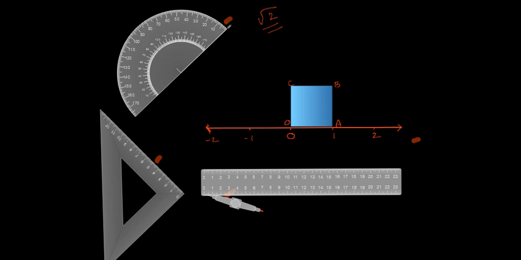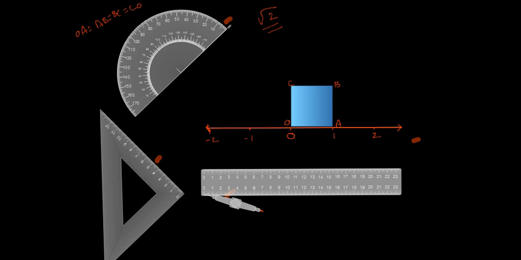That means OA is equal to AB, that is equal to BC, that is equal to CO. Why? Because it is a square.